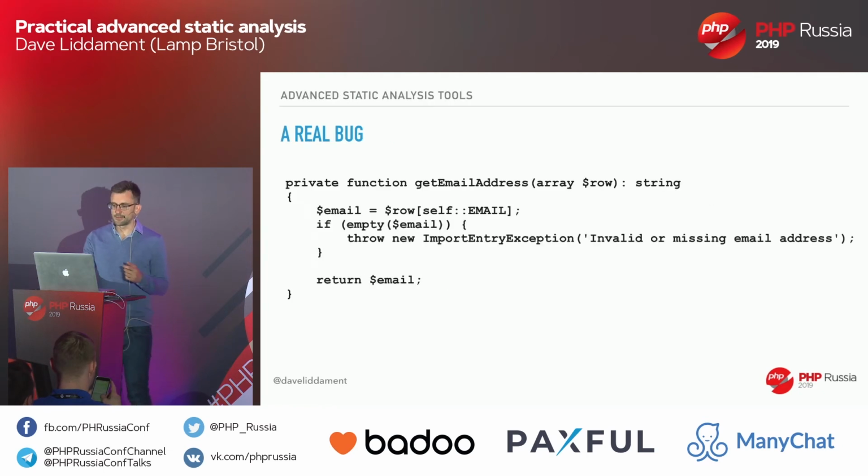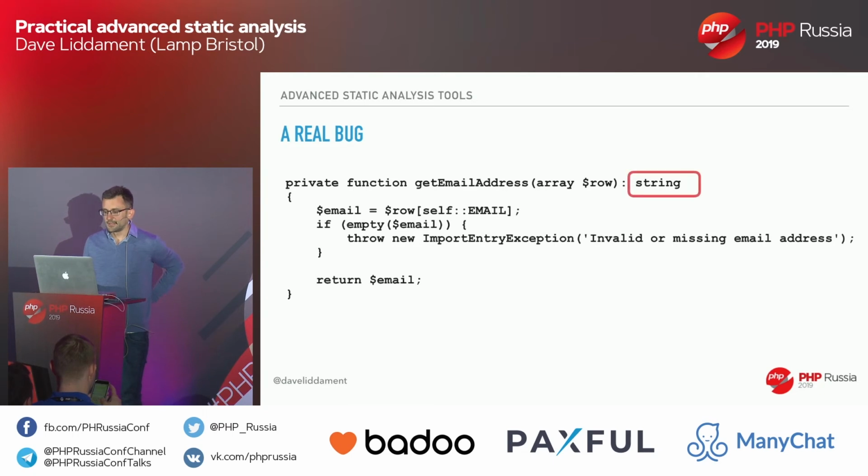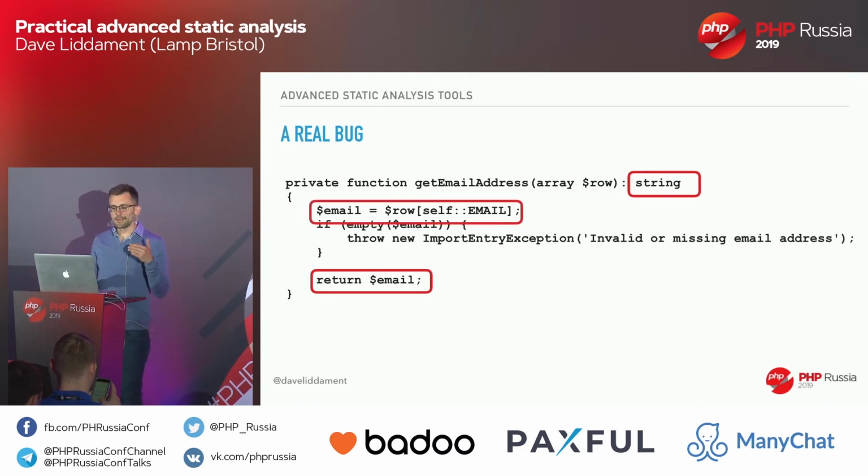So on the code I ran, here was an example of one of the real bugs it found. We can see we've got this method, getEmailaddress, which returns something of type string. Working back in the code, we see that we're returning a variable called email, and we're pulling the email out of an array. This particular array was something we got from an untrusted source, so we haven't really done any validation on it.